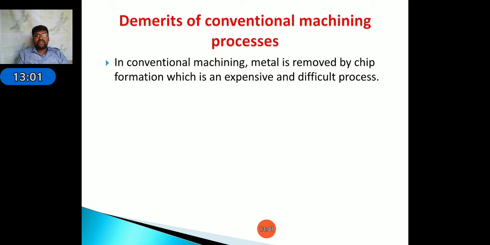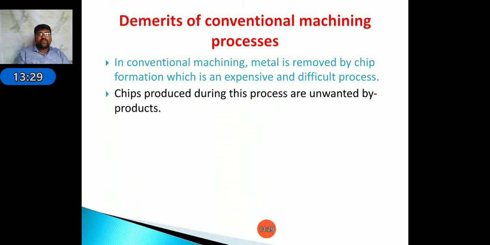That material becomes waste, and we are again recycling that material. That increases time consumption and material handling, and more energy is needed to recycle this scrap. It is the main demerit of conventional machining as compared to the non-conventional machining process.